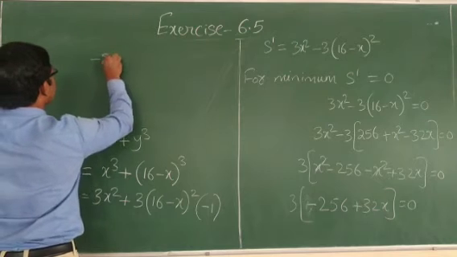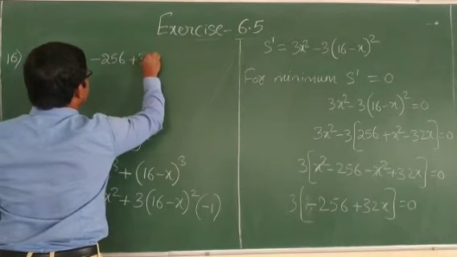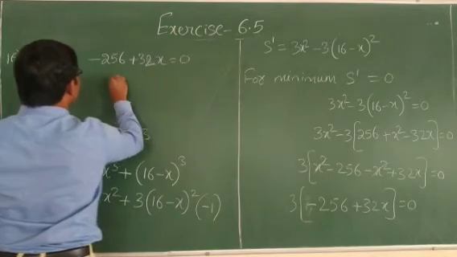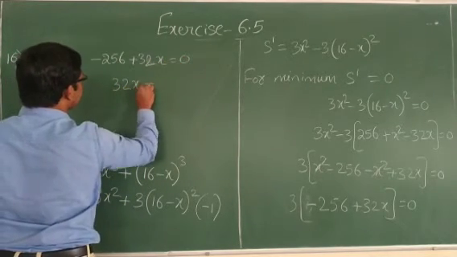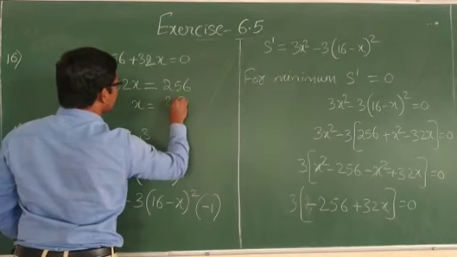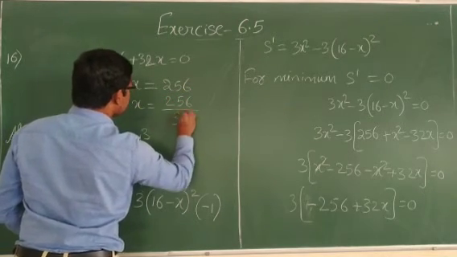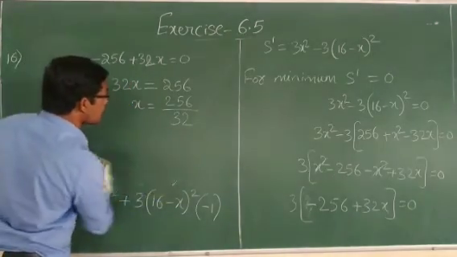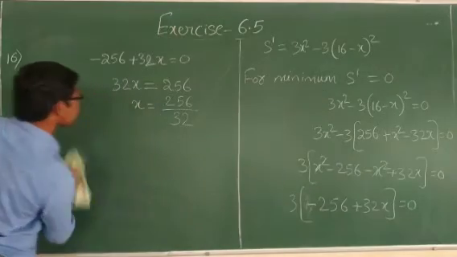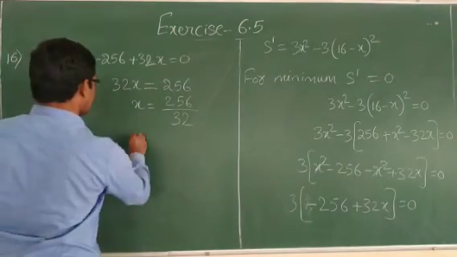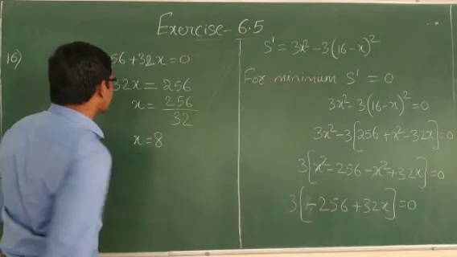We get minus 256 plus 32x is equal to 0. So 32x is equal to 256. X is equal to 256 by 32, which is 8. So x will be equal to 8.